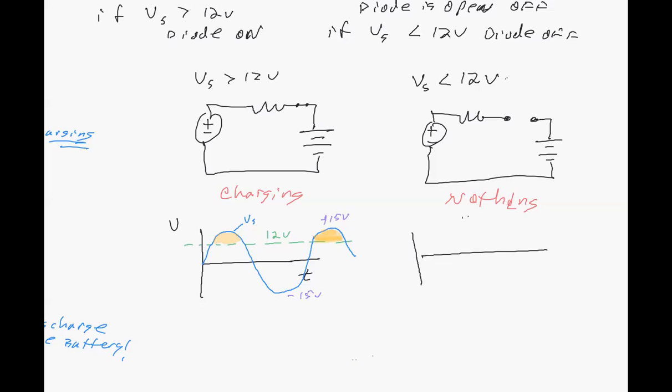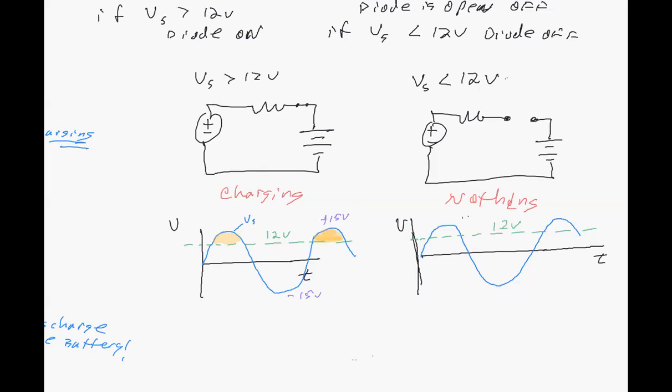So what happens when we are in the other half of the situation? In the negative half, again, we've got 12 volts. It's the battery voltage.